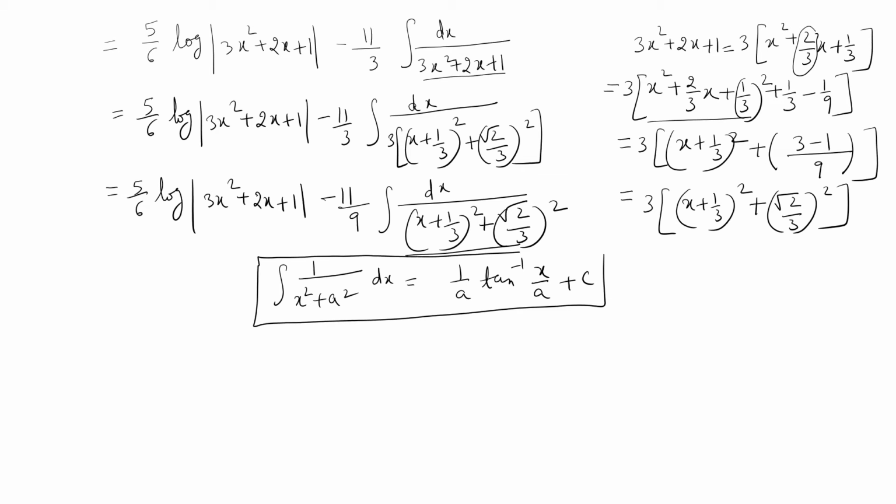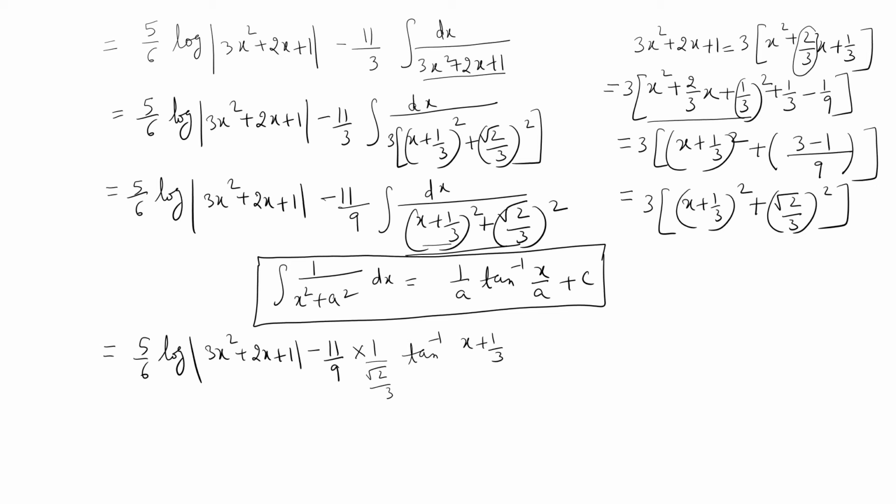this becomes 5 by 6 times log mod 3x square plus 2x plus 1 minus 11 by 9. Now what is 1 upon a? a here is root 2 by 3. So it is 1 upon root 2 by 3 tan inverse x, where x is the complete x plus 1 by 3 upon root 2 by 3 plus c.